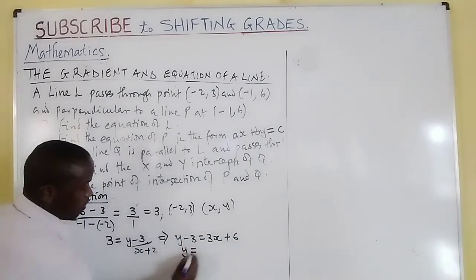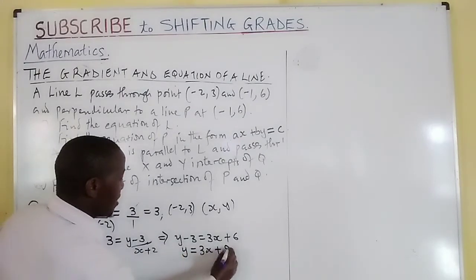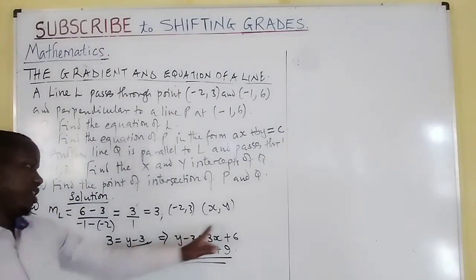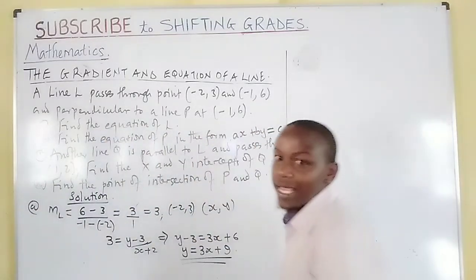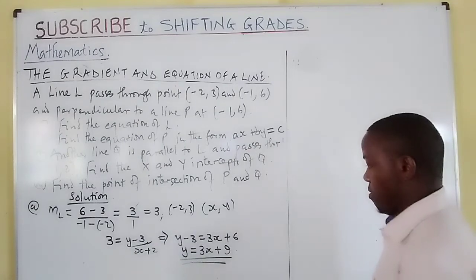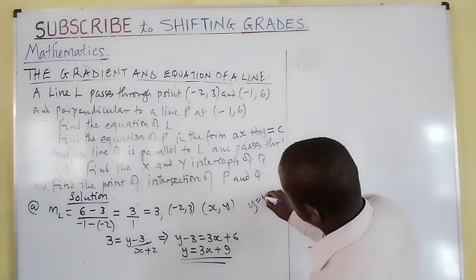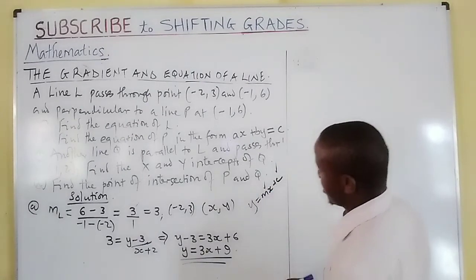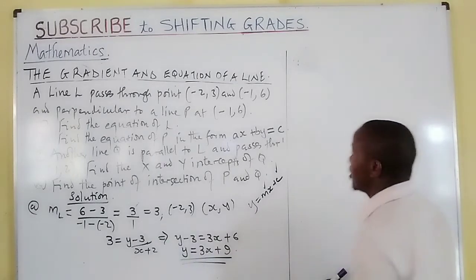So y is equal to 3x plus 9. When we take 3 to this side, it becomes positive. Again, when you express an equation in this form, this is the y-intercept and this is the gradient. So you see, automatically the gradient is bringing itself here when you rearrange.